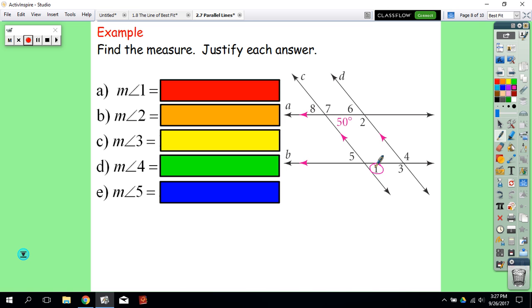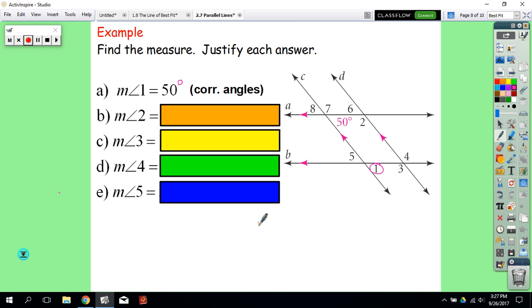We're only given one angle measure, but we should be able to find all the other 7 just from that one. So if we know that this is 50, we know that this is a corresponding angle, so the measure of angle 50 is congruent to angle 1. So measure of angle 1 is 50 degrees by corresponding angles.